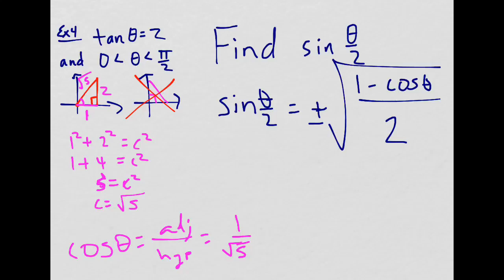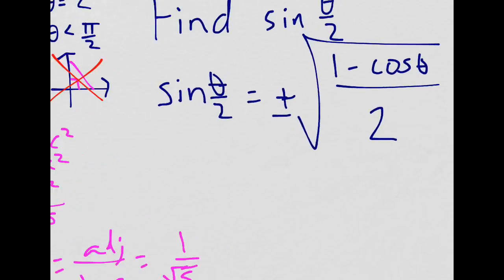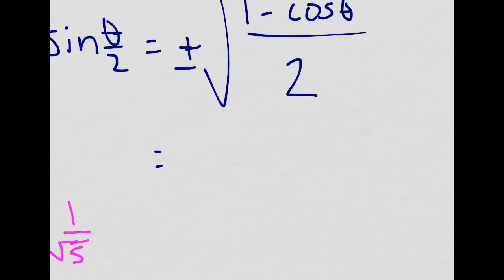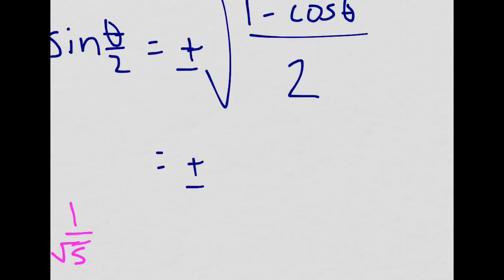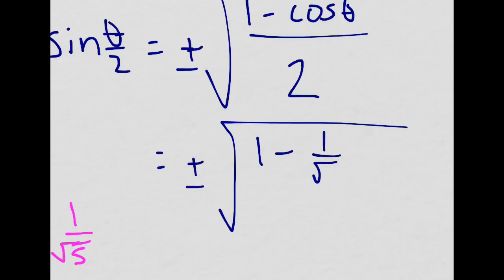So now we can use that to plug it in to our problem. Alright, so just so I have more room. So I have plus or minus the square root of 1 minus 1 over the square root of 5, all over 2.